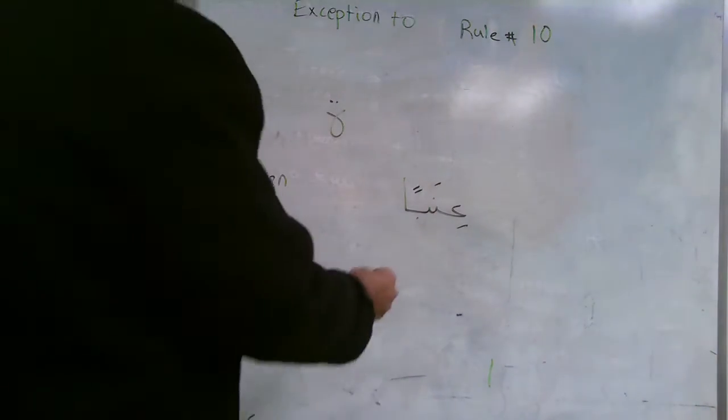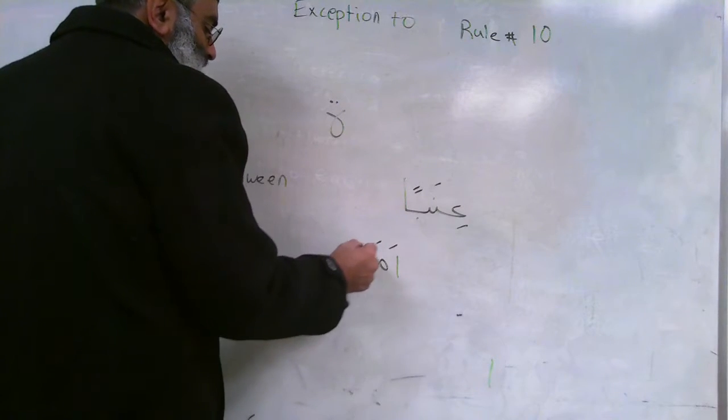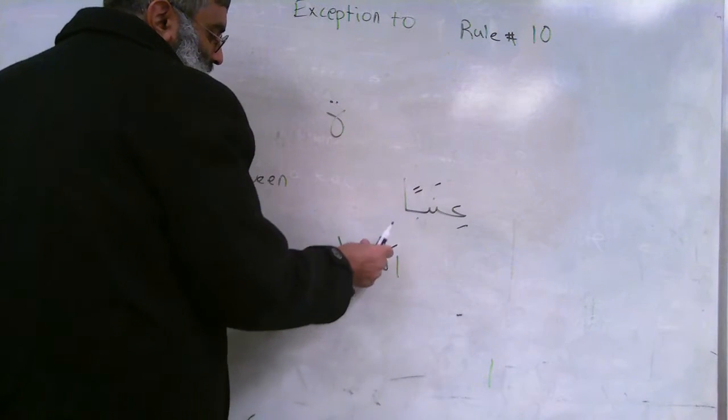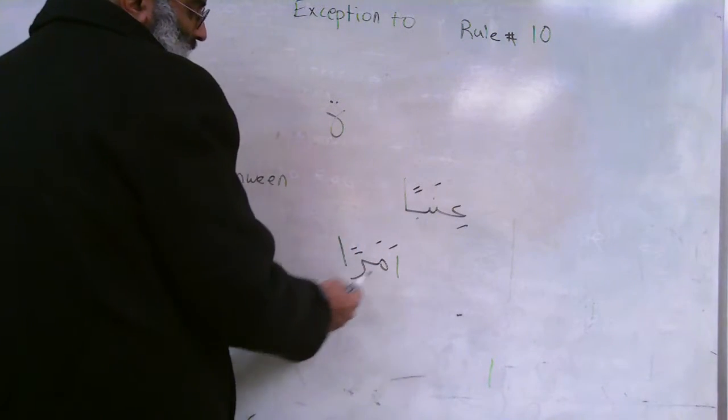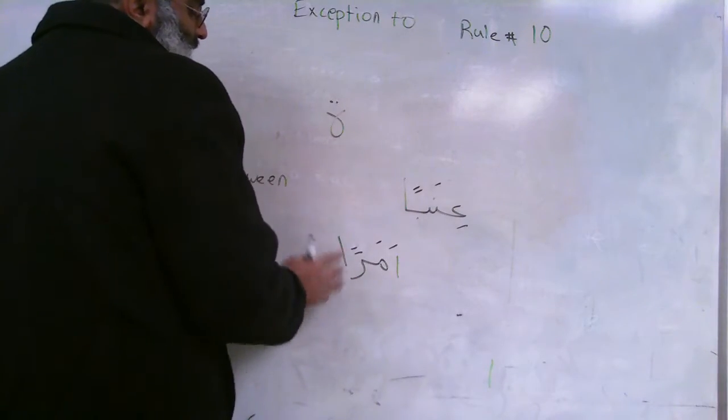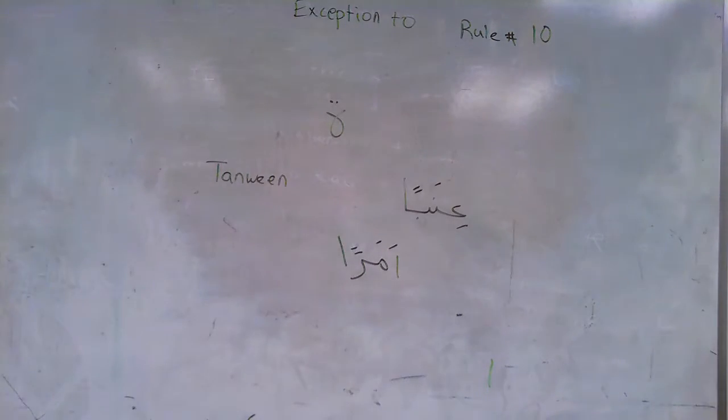It's ignored, it's not used. Similarly, amaran, so this alif is not pronounced, but it's always written there in the Quran. So the two fatha alif is there, but it is not used.